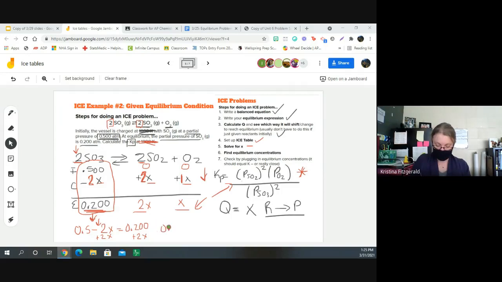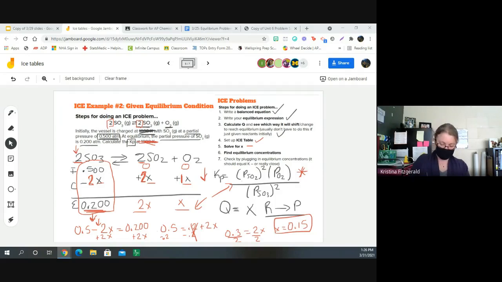So then I've got 0.5 equals 0.2 plus 2x. And then I'm going to get rid of the 0.2s on each side. What do I have? 0.3 equals 2x, right? Then divide by 2, we should have 0.15. So then I know what x is, so I can figure out the pressures at equilibrium for each of these other things.